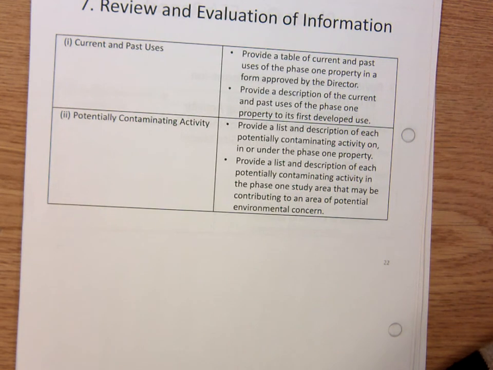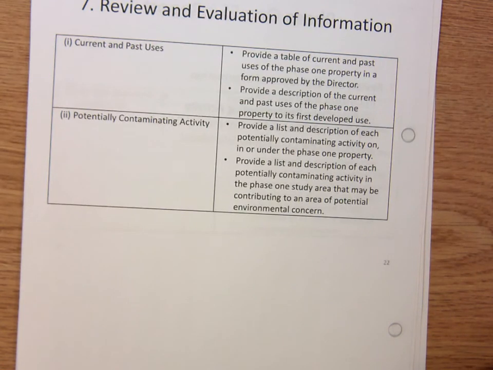Number 2 is potentially contaminating activities. This is very important. So you provide a list and description of each potentially contaminating activity on the property, and a list and description of each potentially contaminating activity in the phase 1 study area that may be contributing to an area of potential environmental concern.